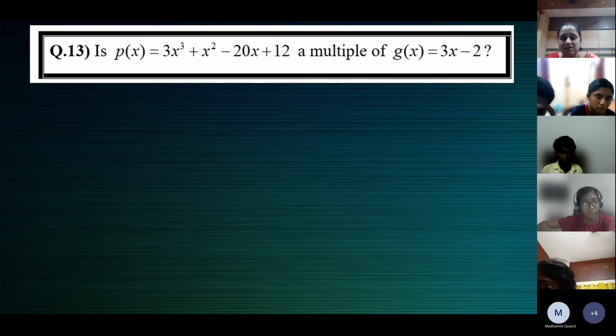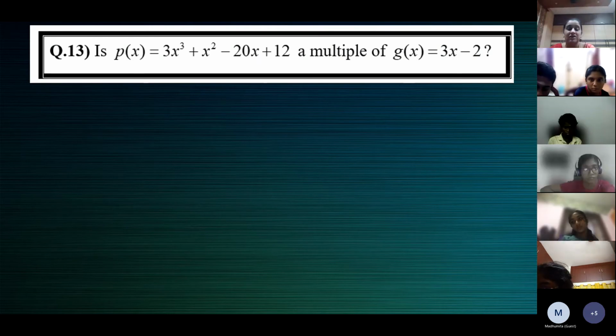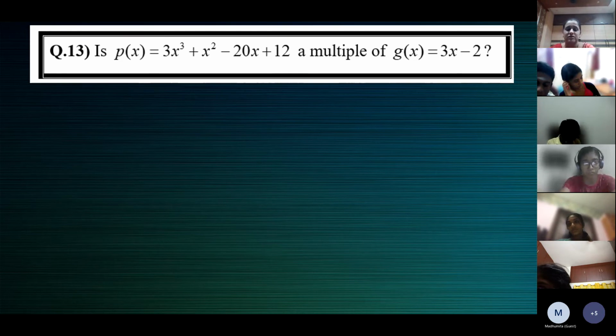The quotient does not decide that. It's the remainder that decides. If the remainder is 0, then yes, p of x is a multiple of g of x. If the remainder is not 0, then p of x is not a multiple of g of x.